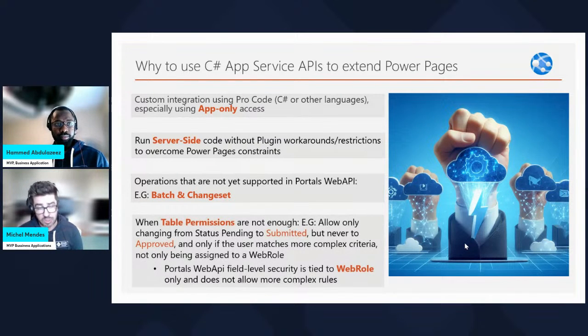And in some cases as well, even though you can do the operations with the Power Pages Web API, you can set up table permissions on top of Dataverse, so you can allow the operations from the Web API to be somehow limited. But you can only limit the operations in the sense of, if a user has access to a record, then the user can read the record or update or create records in that table, or append records to another table, but you cannot limit what the exact values are that the user can assign to a field or things like that.